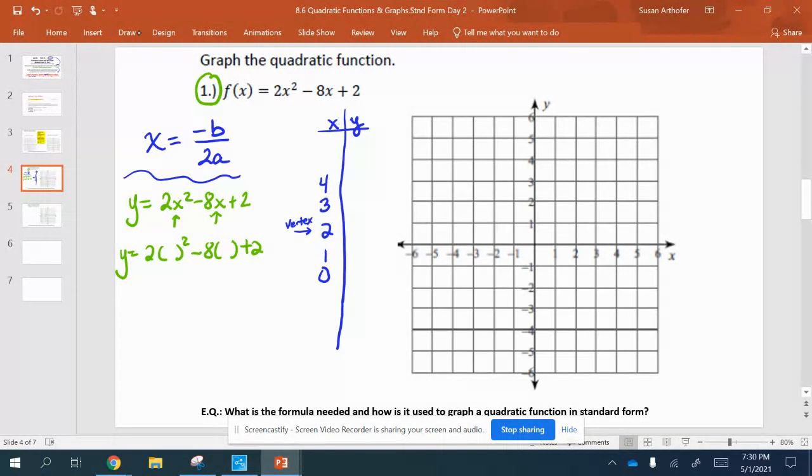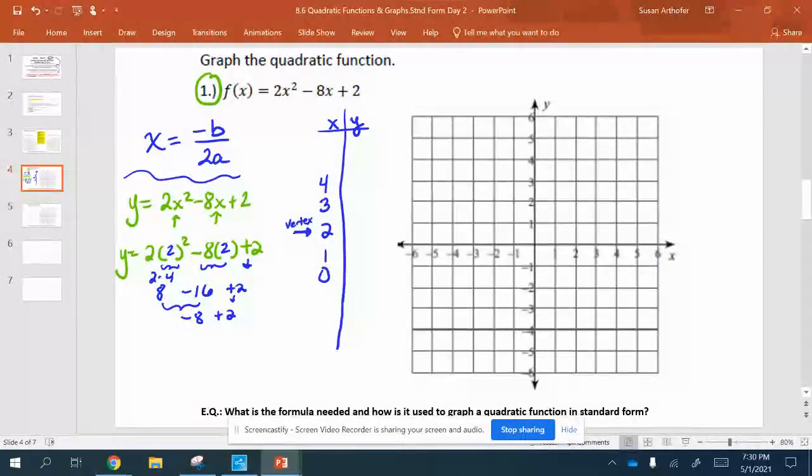So I'm going to start with the vertex. I'm going to plug in the 2. X value is 2. I'm going to do the exponent first. So right here, 2 squared is 4 times the outside 2 is 8. Right here, negative 8 times 2 is negative 16. And then I'm going to bring down plus 2. And then I'm going to do these two numbers. 8 minus 16 is negative 8 plus 2.